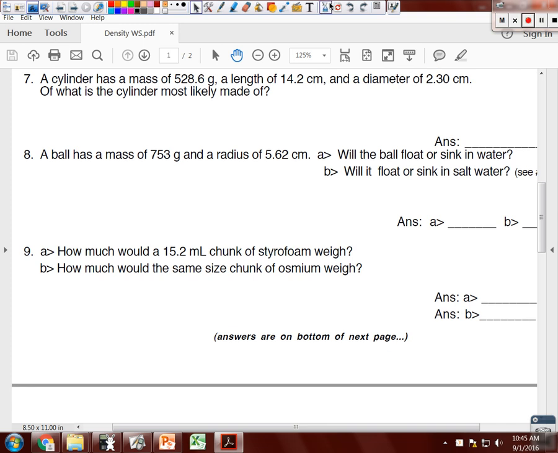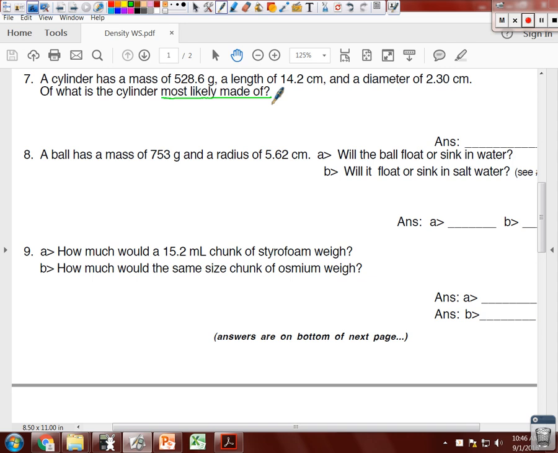A cylinder has a mass of 528.6 grams, a length of 14.2 centimeters, and a diameter of 2.3 centimeters. What is the cylinder most likely made of? I know this is a weird question. What does the answer have to be? Is it a number? No, it's a substance, right?